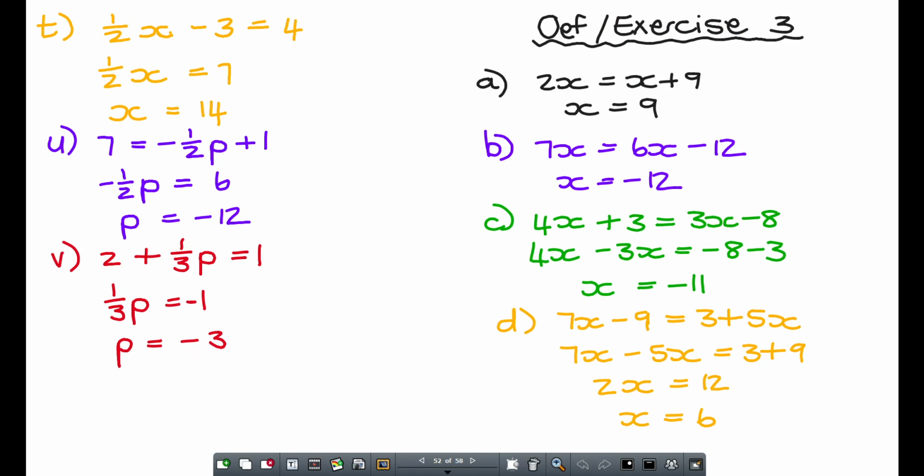Yes, ma'am. Okay, there's T up until V, and then exercise 3 A, B, C and D. I've no idea what I did because we're recording, eh? Don't have an equal and an equal again, just one equal. So minus 3P. You took this to that side, so it becomes positive 3.